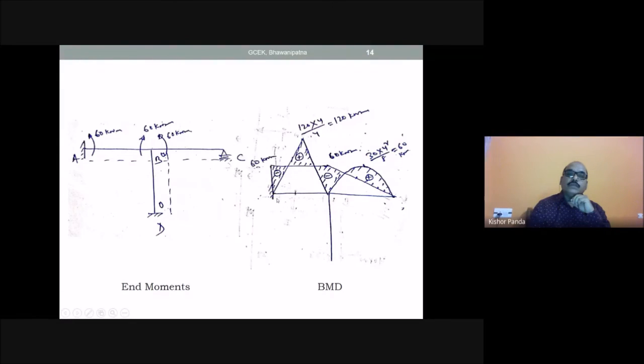This is positive and this is negative. Similarly, this is positive and this is negative. They cancel each other, the positive and negative. So this is the final bending moment diagram.